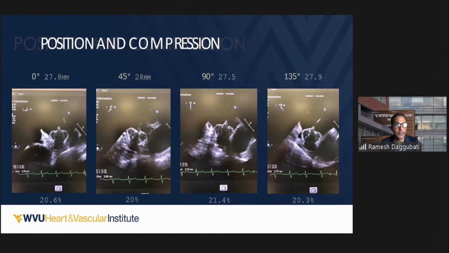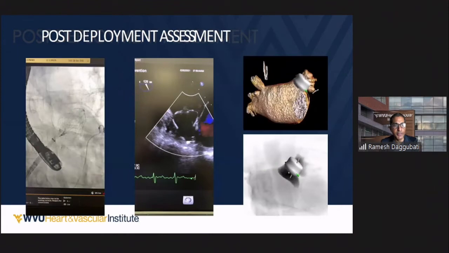So we looked at compression, and position remained very stable. As you can see, maybe there's 2 to 4 millimeters of shoulder on the left atrial side. But there was a minimum of 20% compression in all the angles by TEE. So post-deployment, this is very good, and we had no issues with it.